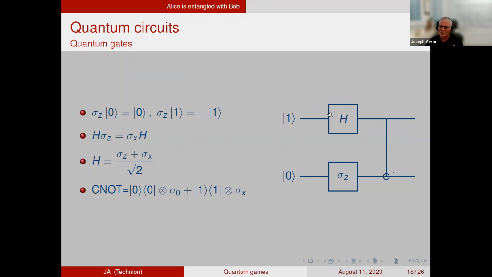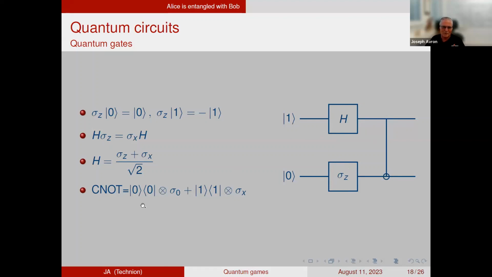I can take the qubit in a state 1 and operate on it with a unitary 2x2 matrix, which is the Hadamard matrix. And on the second qubit, I can operate with another unitary, say, sigma z. The other thing I can do with two qubits is a controlled operation, which is a unitary, and the controlled operation is described here.